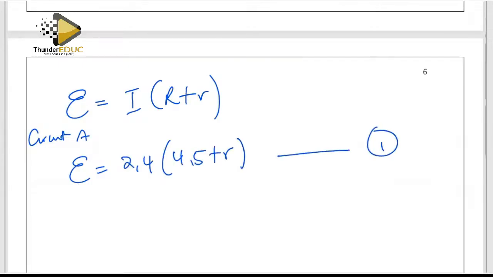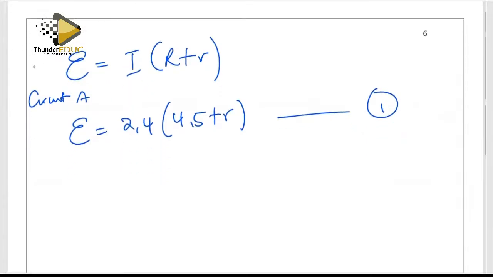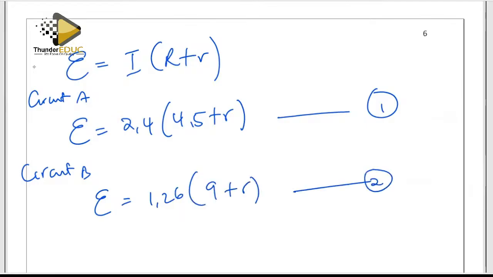Let's call this equation 1. For circuit B, our EMF is 1.26 times 9 plus r. That is equation 2.